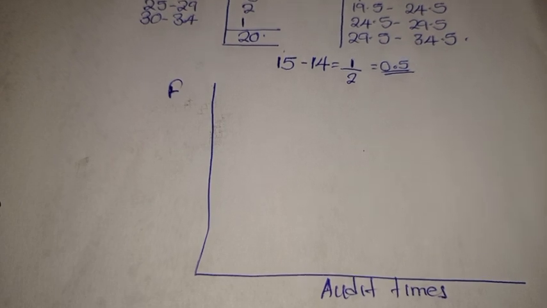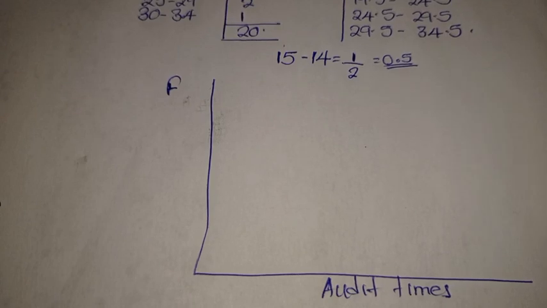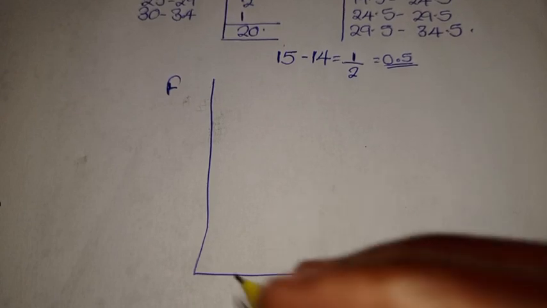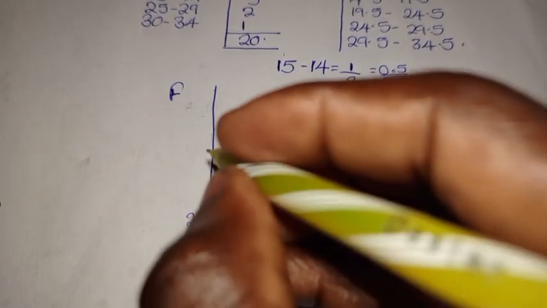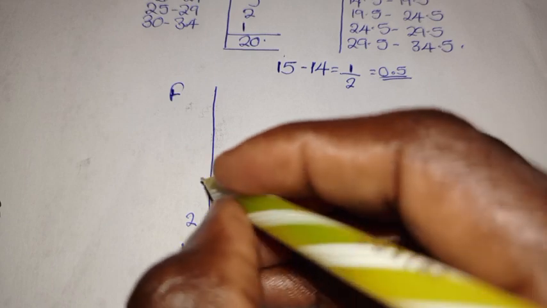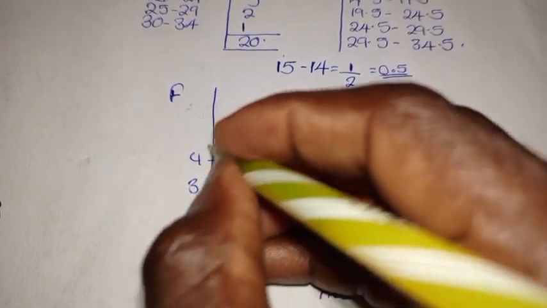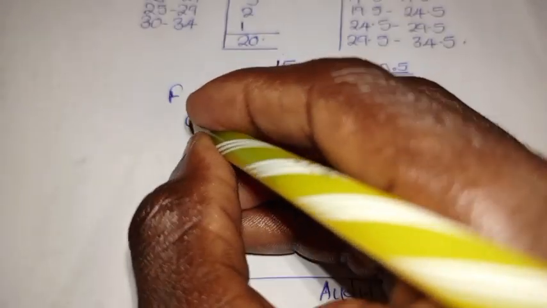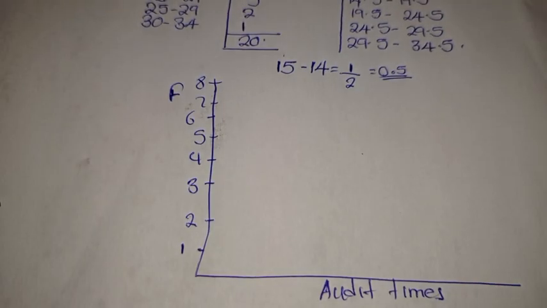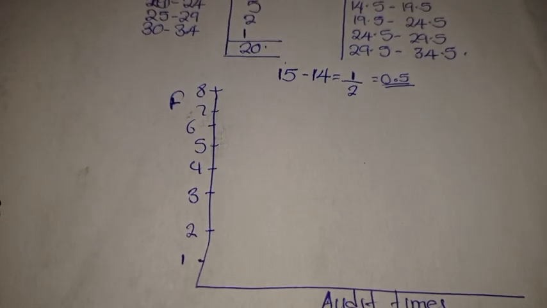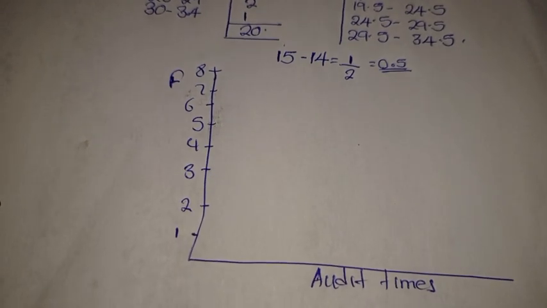Remember, the frequencies that you have are 1 to 8. So let us just say 1, 2, 3, 4, 5, 6, 7, 8. Now that we have done that, let us draw the histogram.